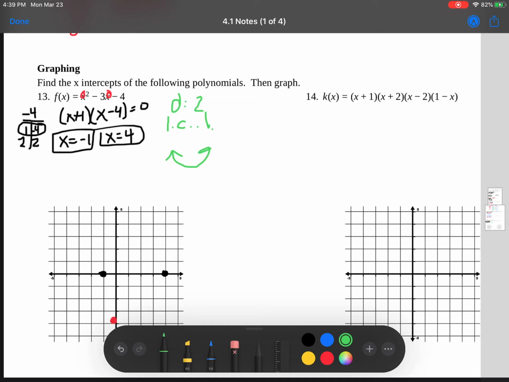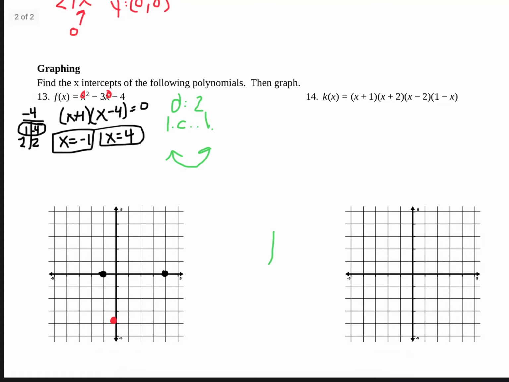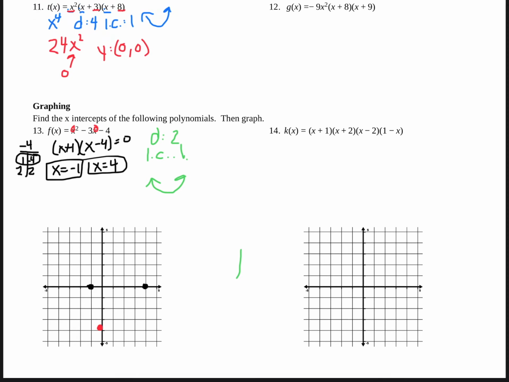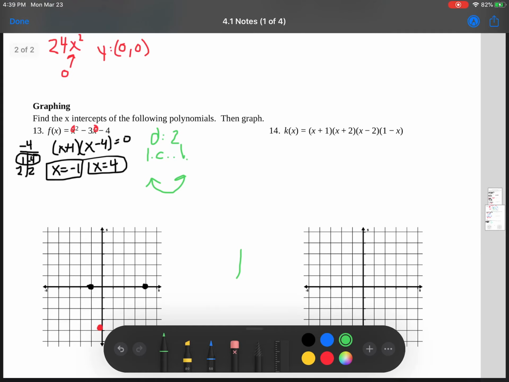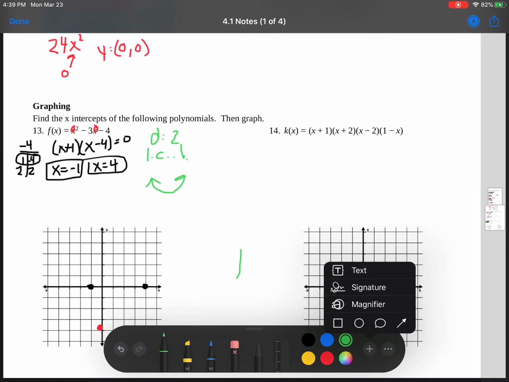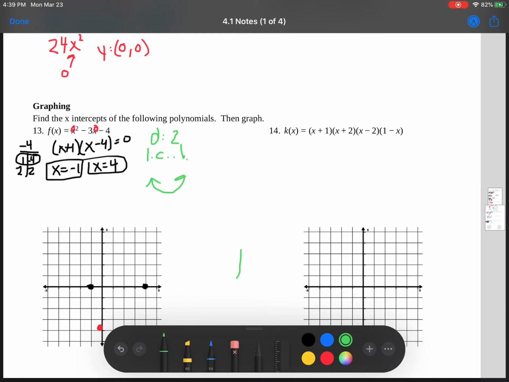Not sure why this isn't sticking on here. There we go. Okay, not very pretty, but you get the picture.